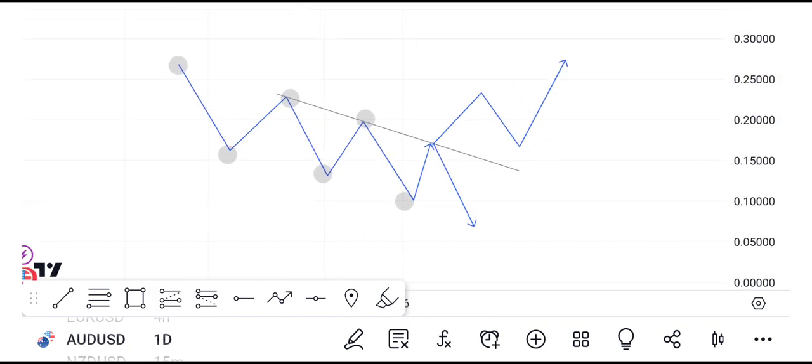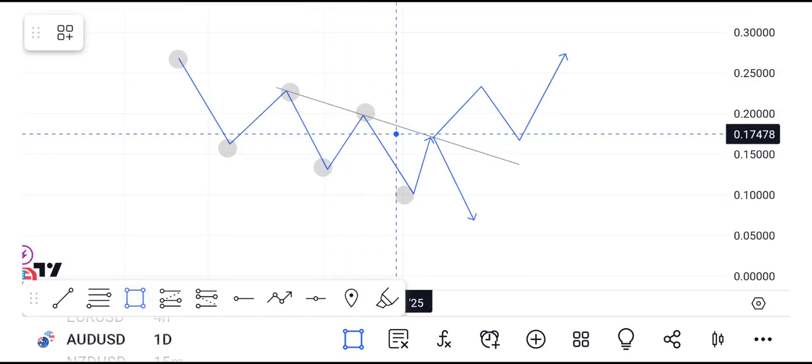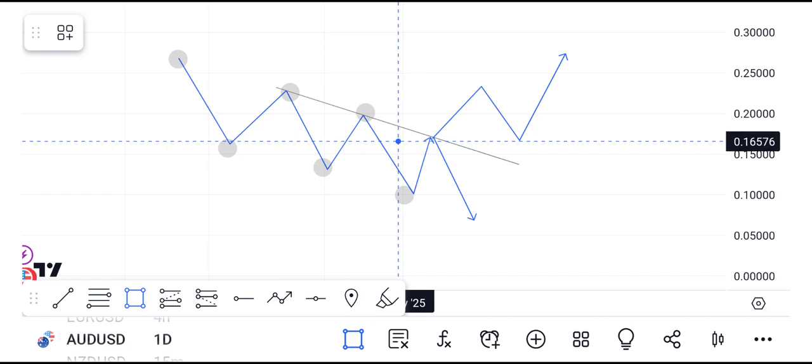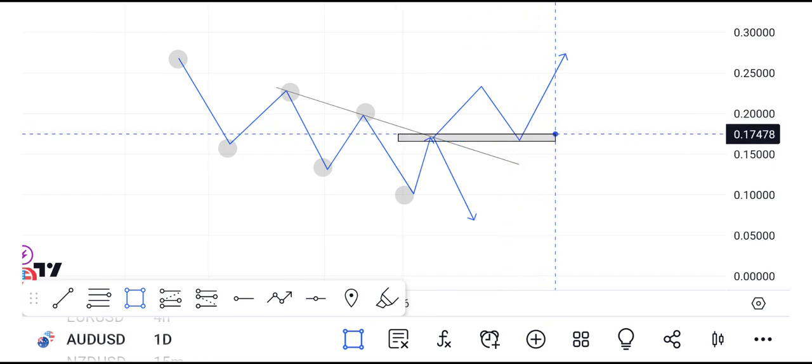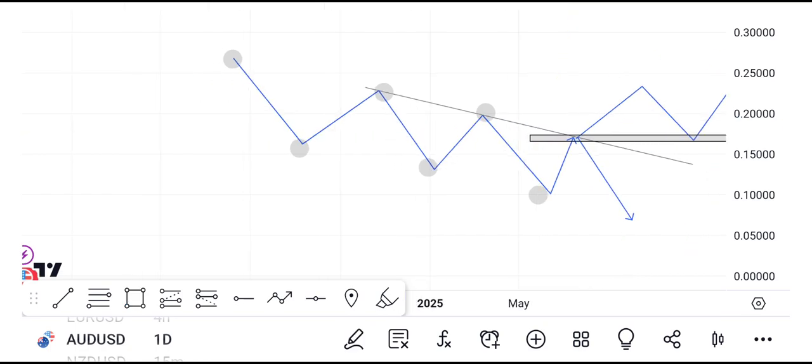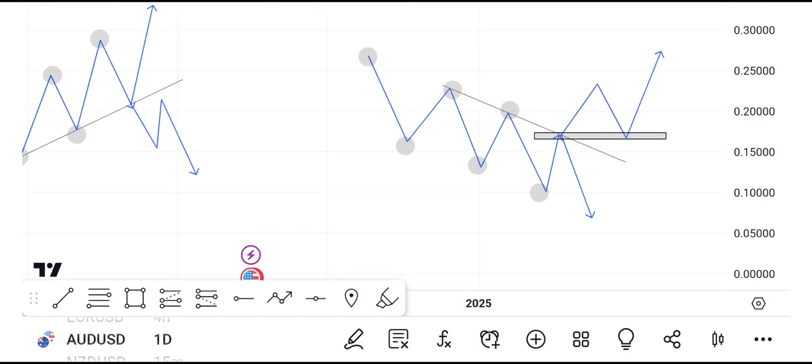Guys, here on the retest, we will be calling this a flip zone. We will see if price gives us a flip zone on that retest.